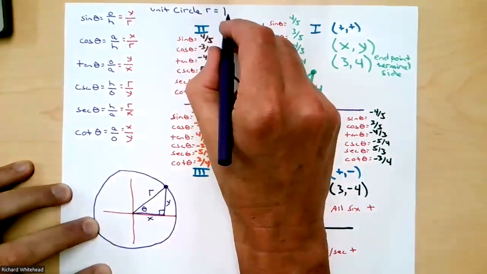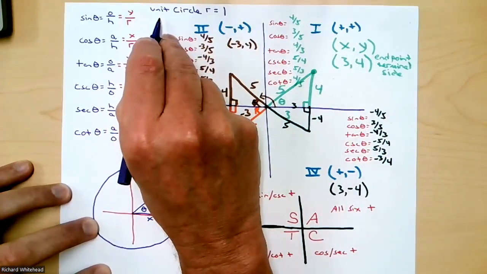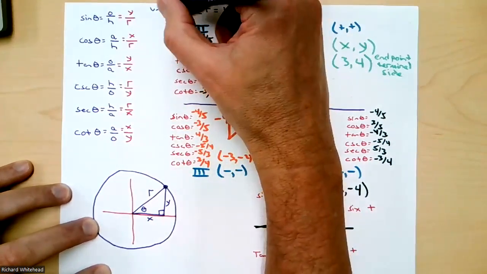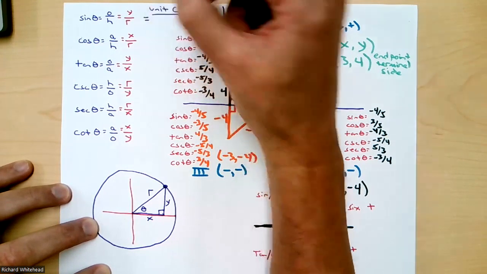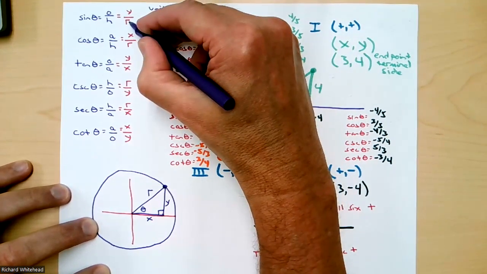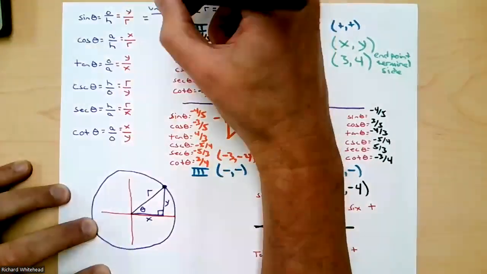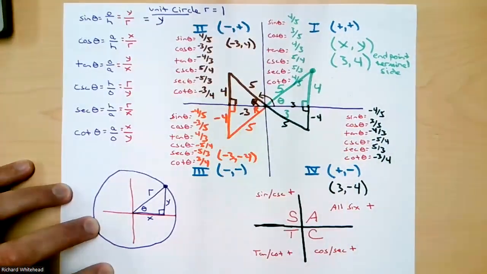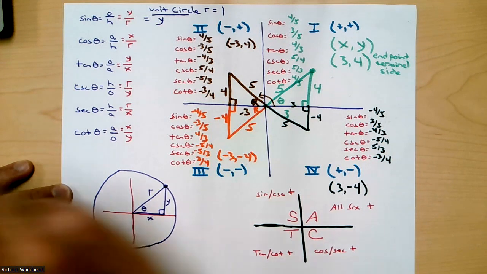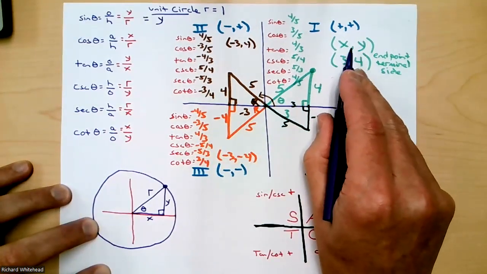On the unit circle, the radius is always 1. So if I'm strictly on the unit circle, then sine just becomes the y value of our endpoint.